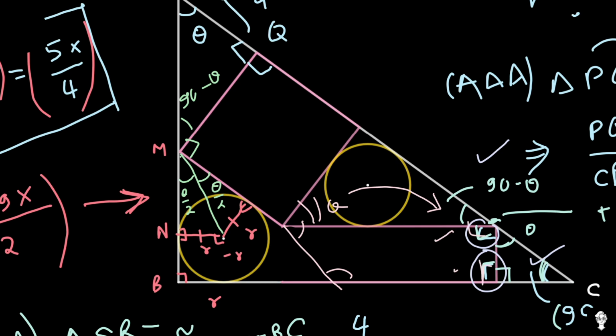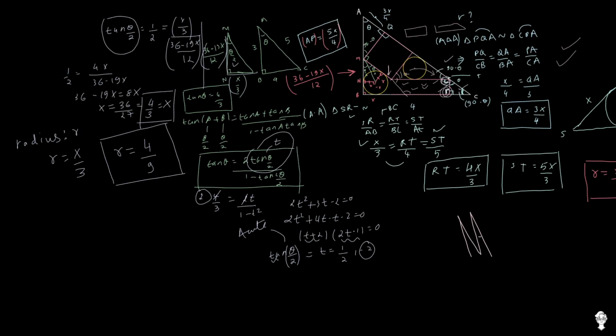Yes, we need these two angles as 90, but not these two angles as 90. Only three things were required: these two angles 90 degrees and this point contacting the square, because that forms a triangle. So that is why I was saying that in this bottom figure only these two angles should be 90 degrees and this point touching the square, and there's no necessity that this should be a rectangle. So this was my way to solve this particular problem.